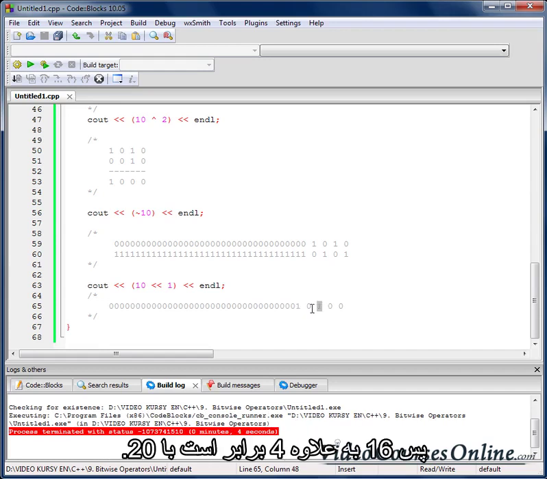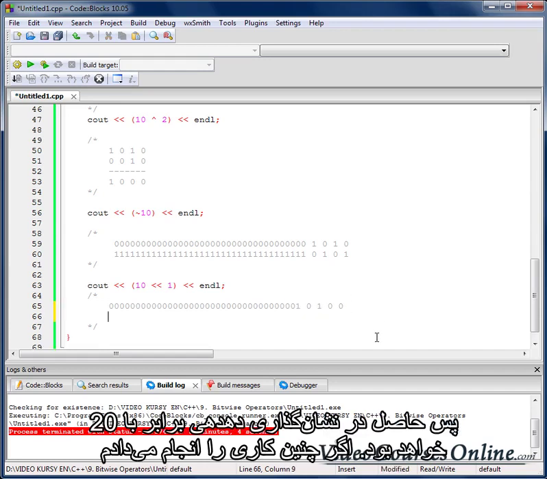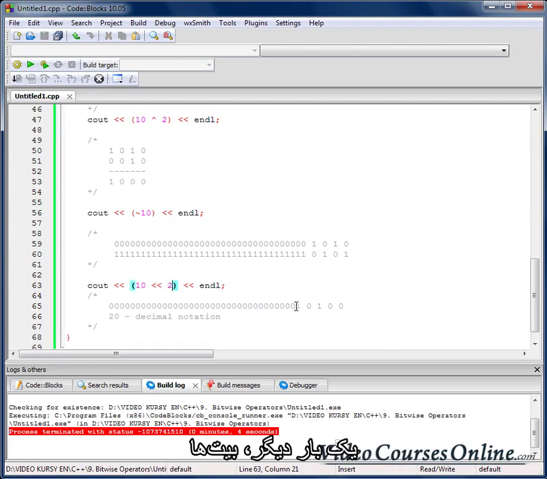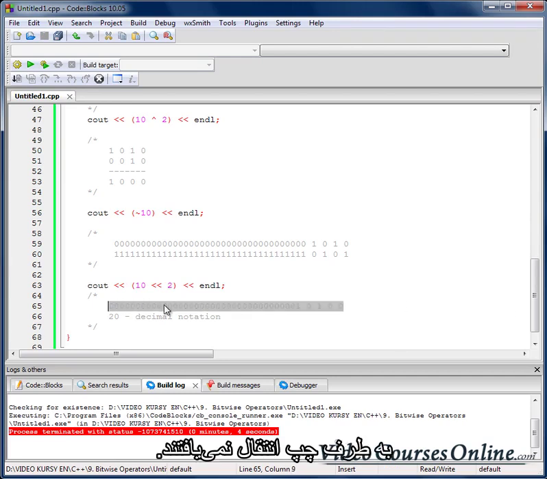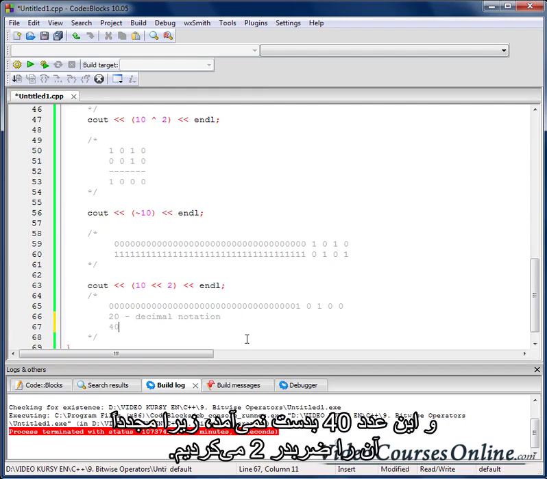So 16 plus 4 is 20. So the result will be 20 in decimal notation. And if I did something like that, I would have the bits shifted to the left one more time, and we would have 40 here because we would multiply by 2 again.